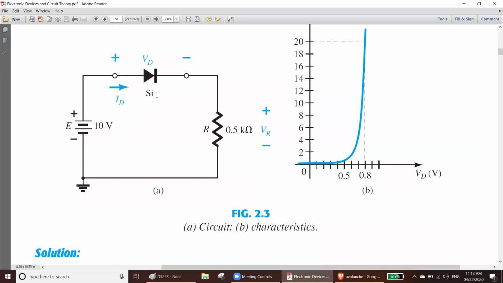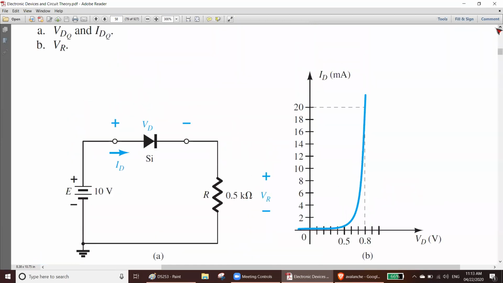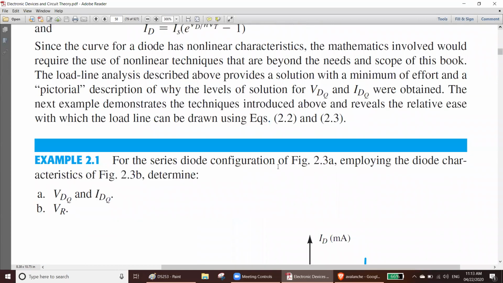You have a silicon diode, written Si, and you have a resistor R. So three components in series: E, Si, and R. Then, for the series diode configuration in the figure, employing the diode characteristics, determine VDQ, IDQ and VR.